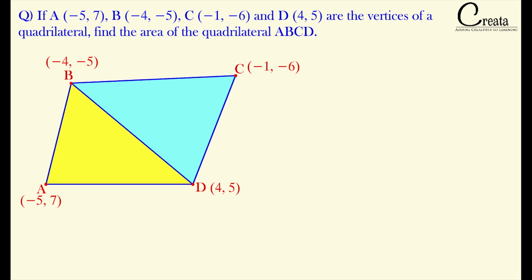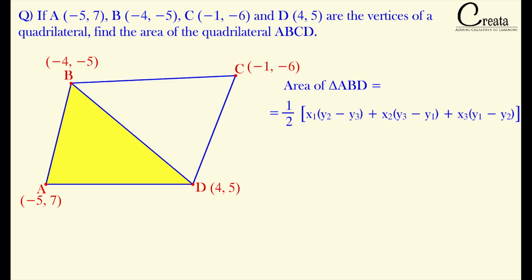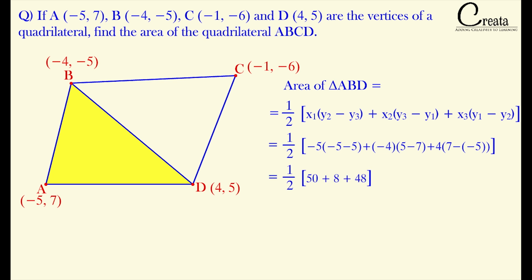And we got 2 triangles and we know all the 3 coordinates of each triangle. So we can apply our formula of the area of the triangle. Okay, so firstly we will take our triangle ABD. All the values are given, so we will put the values. On solving, we got the area of the triangle ABD as 53 square units.